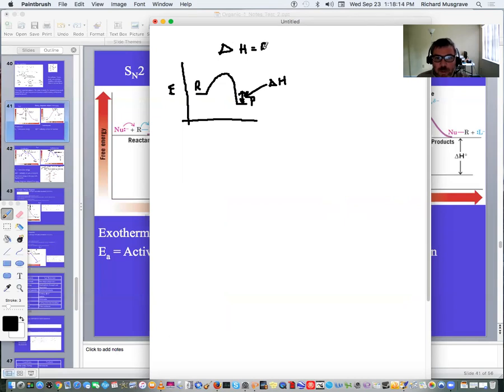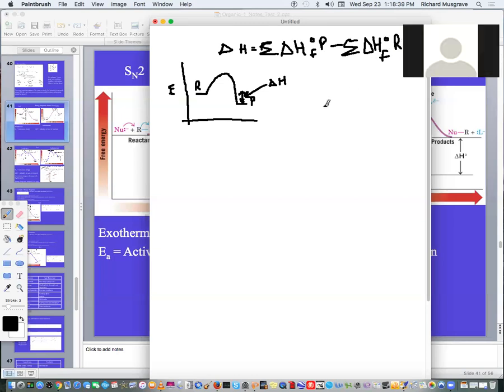Now, if you go back to what delta H is, if you remember, this is from way back in General Chemistry 1 or 2, it is the sum of the heats of formation of the products minus the sum of the heats of formation of the reactants. Do you remember that from way back? So let's just think of it as being products and reactants.